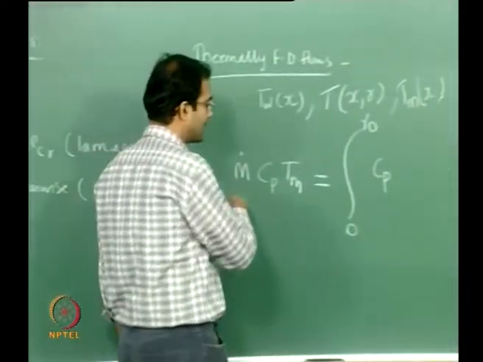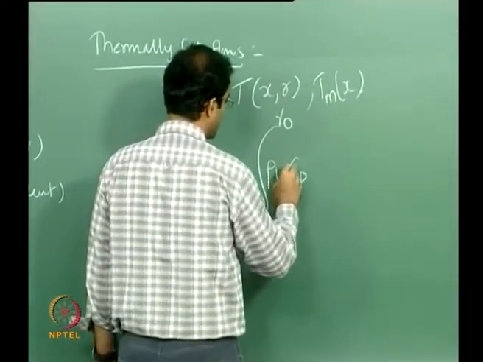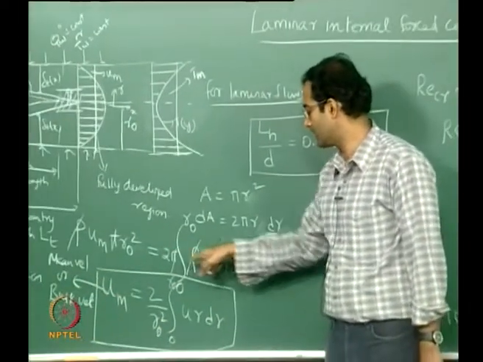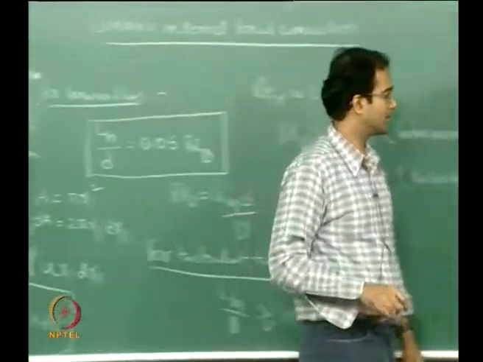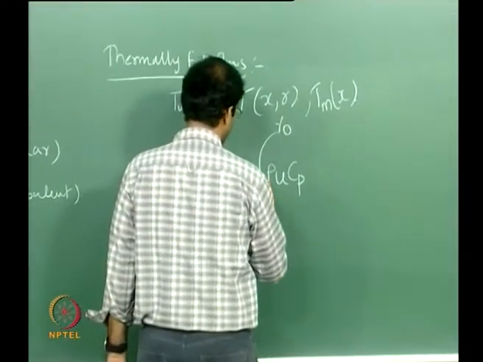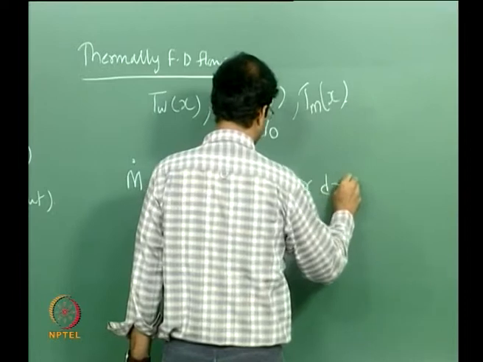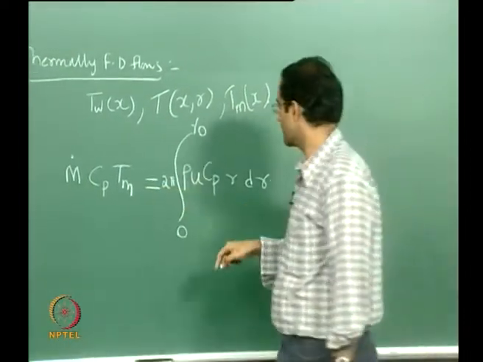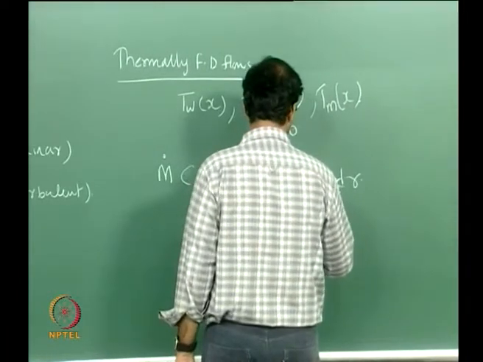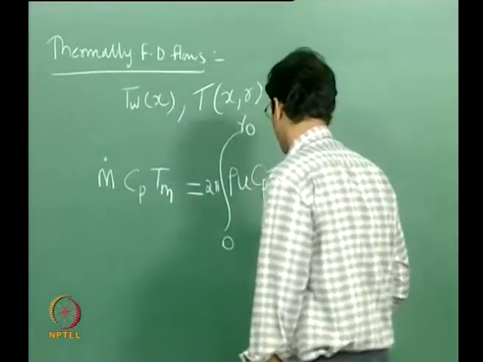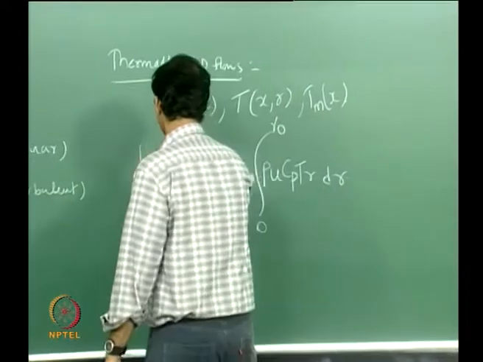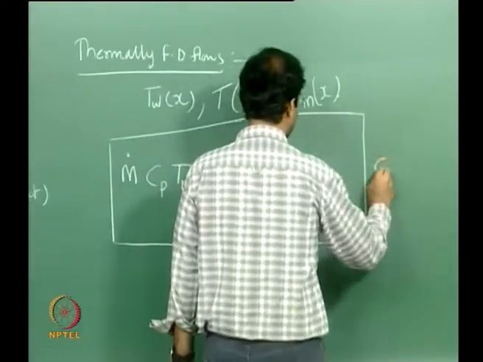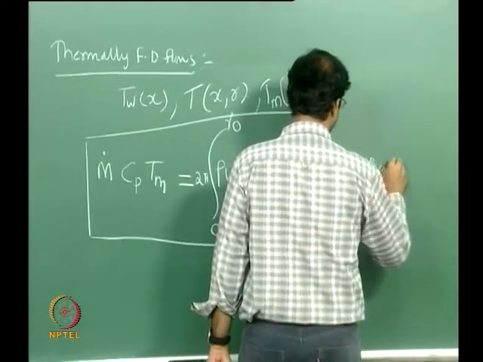So my m dot there will be rho u into dA, which is your 2 pi r dr. And of course you have your temperature into the enthalpy. So this will be T into r dr. So this is the balance of enthalpy. So this is satisfying enthalpy conservation.